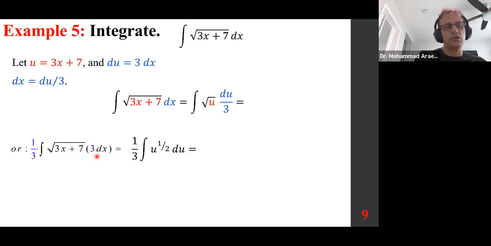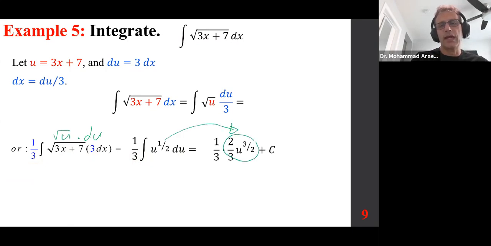Square root of u du. We are going to integrate, so 1/3 remains. Now u to the power of 1/2 integration will give us this. Why is that?